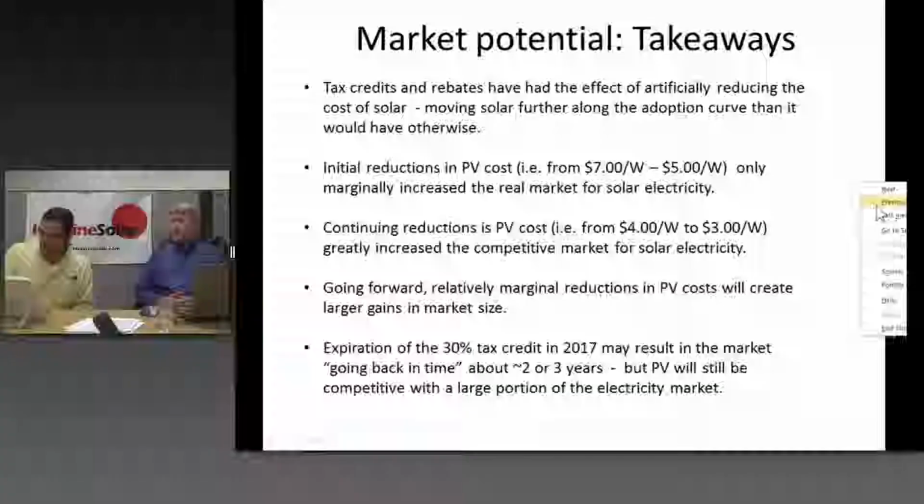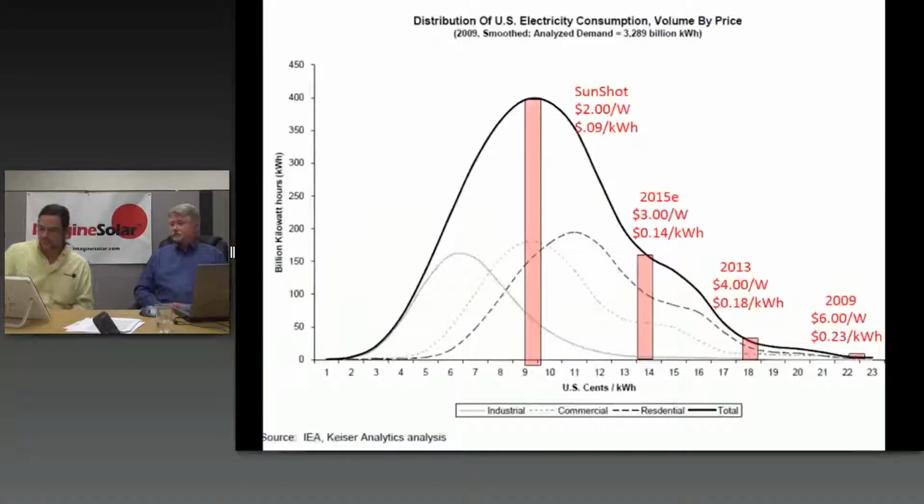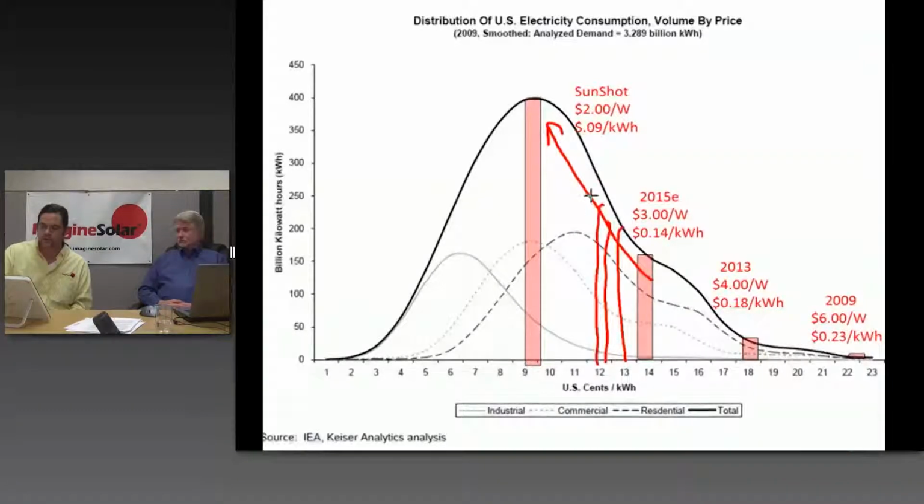Because now if we go back and look at it, as we go up, we're getting into the meaty part of that curve. So relatively incremental reductions in the installation cost as we move down that cost curve give us these ever increasing chunks of the electricity market that solar is now competitive with and is at grid parity with.